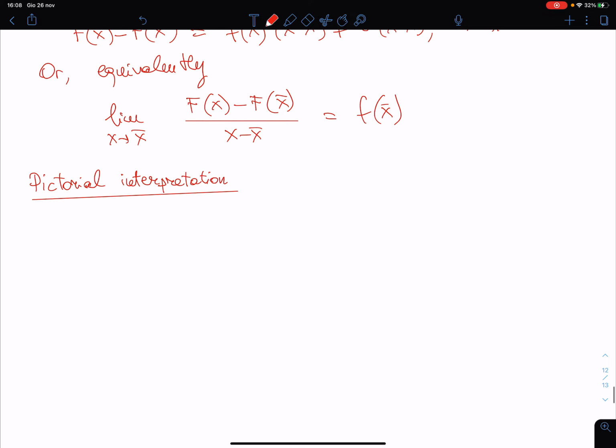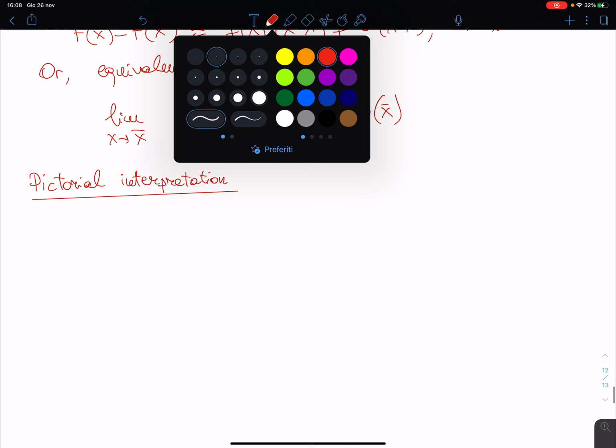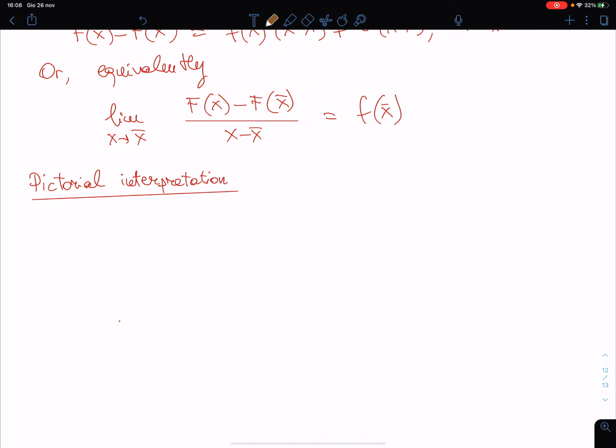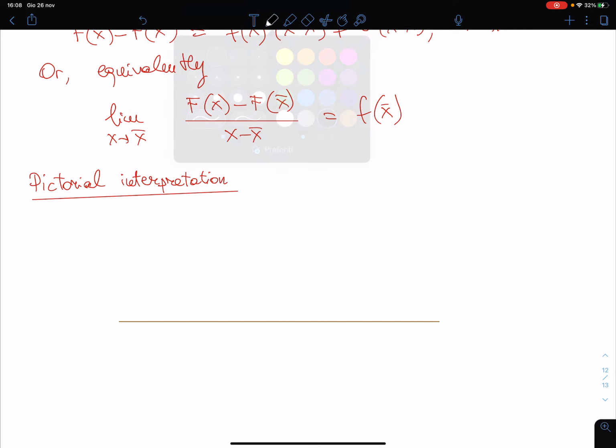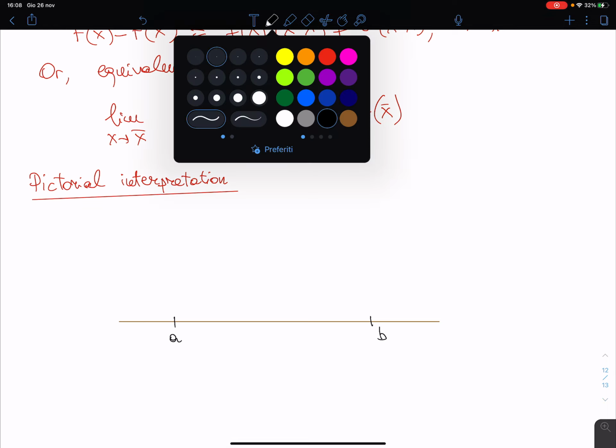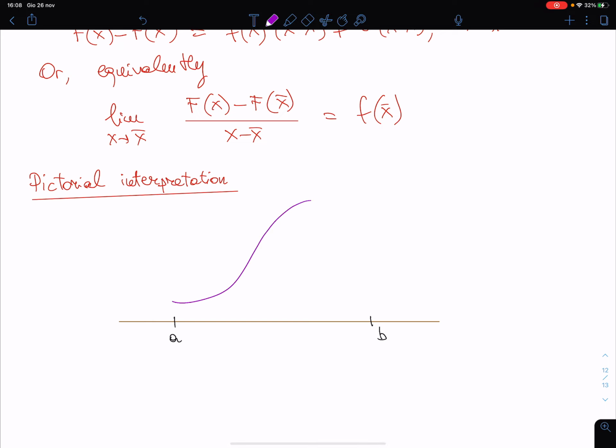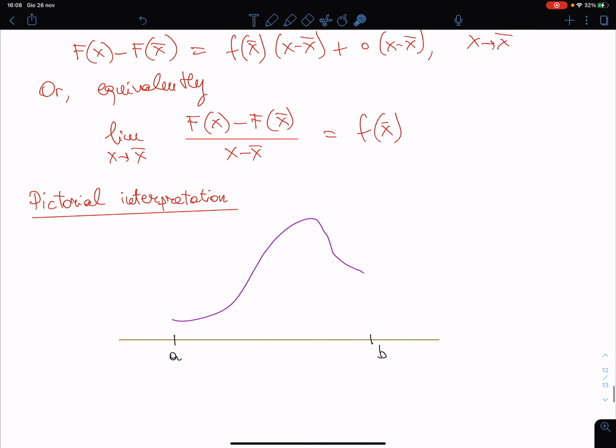A pictorial interpretation is the following. So here we have A, B, and there is some graph here from A to B. And so now look at this formula here.